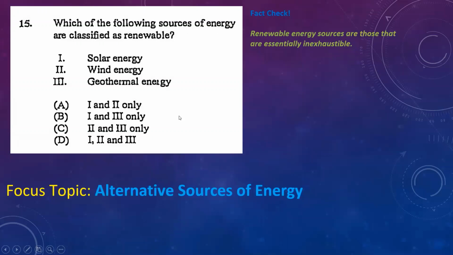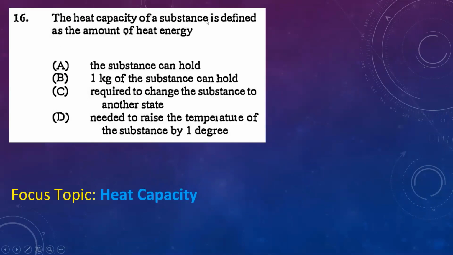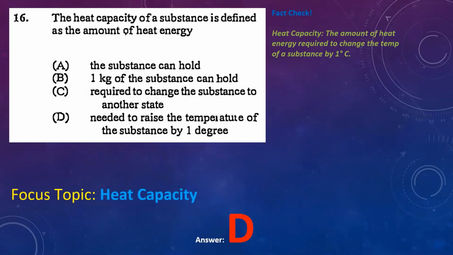And so your answer is D. Number 16, the heat capacity of a substance is defined as the amount of heat energy required to change the temperature of a substance by 1 degree Celsius or 1 Kelvin. So D is the option that matches closest. And so our answer is D.